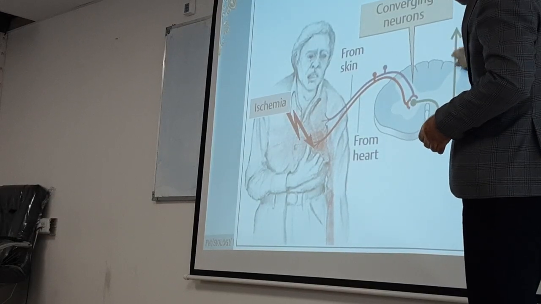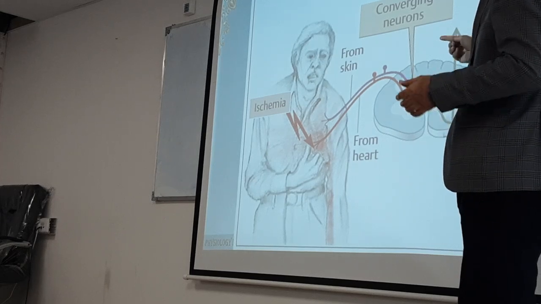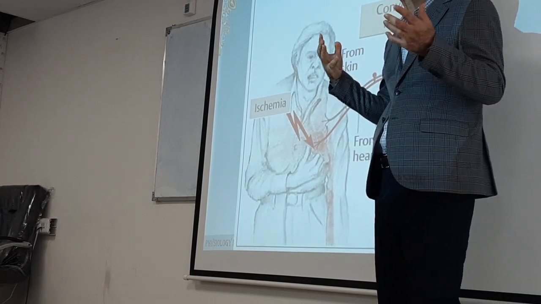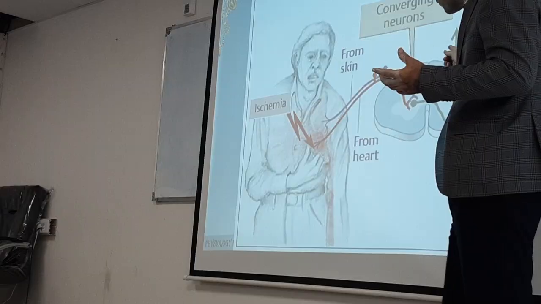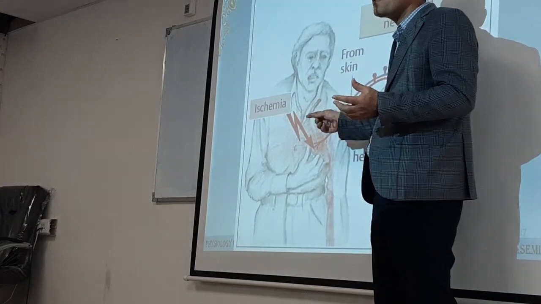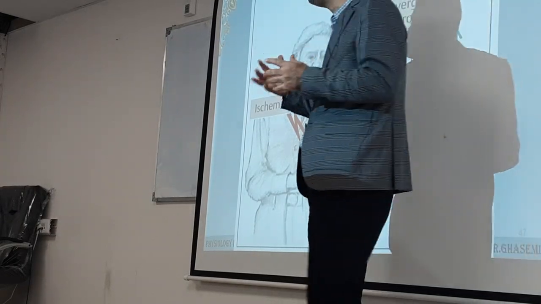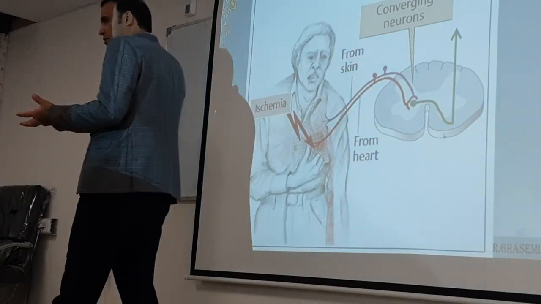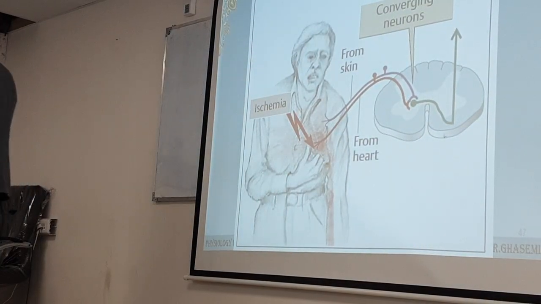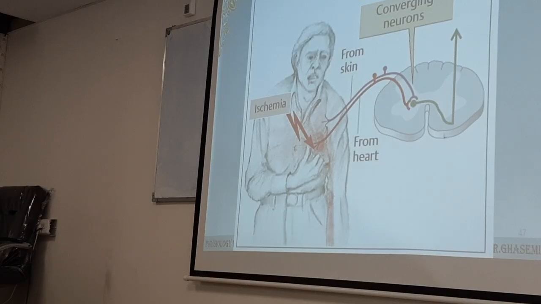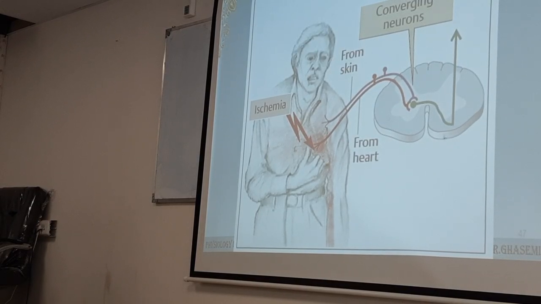When the brain sees that this pathway is activated, the brain has a misunderstanding that this pain is from this part or this part. Because the brain is not able to detect where the source of the pain is, generally it refers to the skin. And therefore your patient will say, I have a pain in my left arm, left neck, shoulder, but you know that this type of pain is a referred pain from the heart.